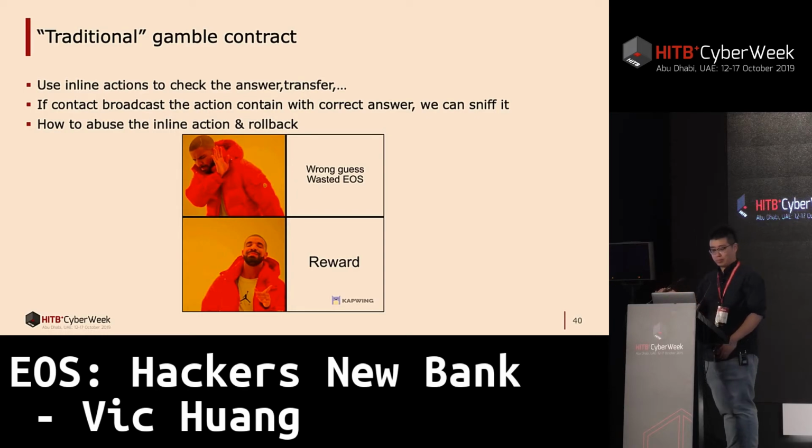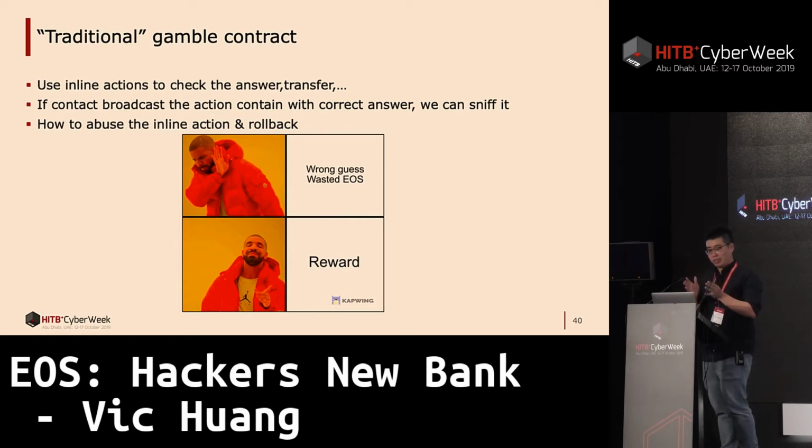In traditional gambling contracts, they use inline functions to check the answer and do the transfer. It means they use a series of actions, and if one of the actions errors, the whole series of actions will be rolled back.